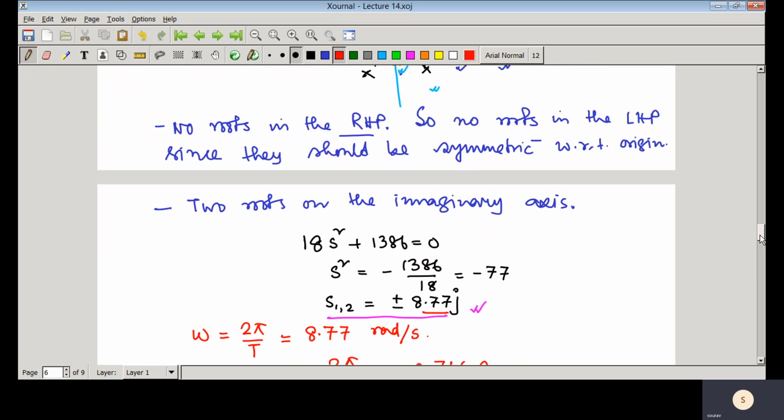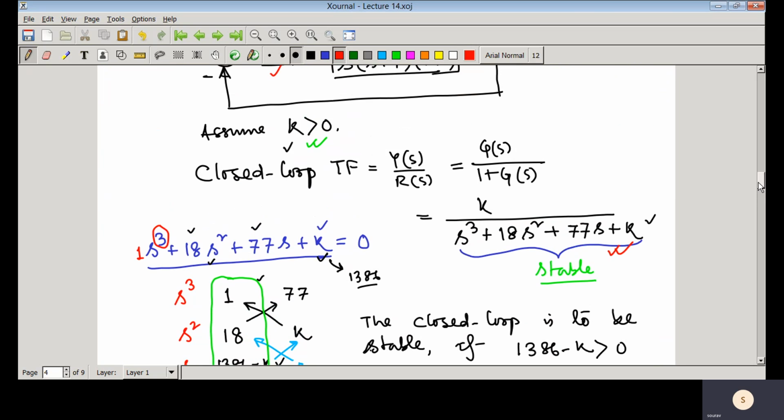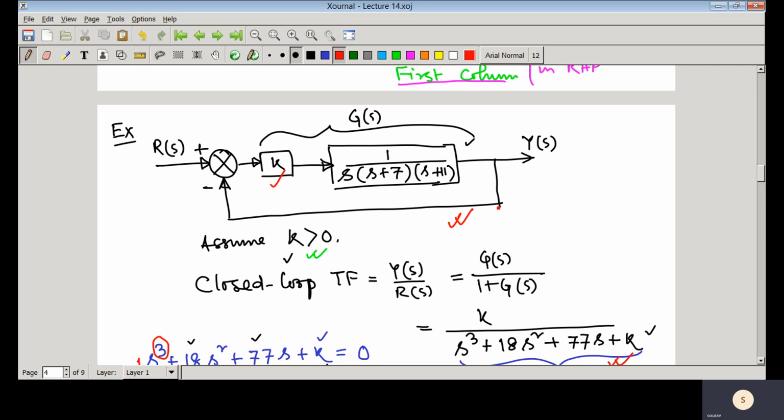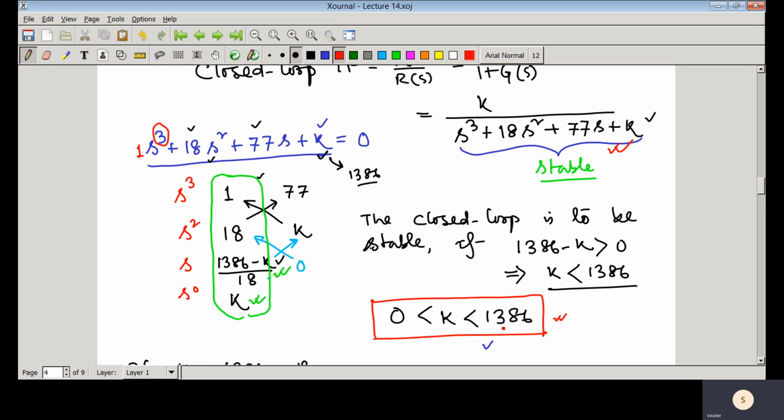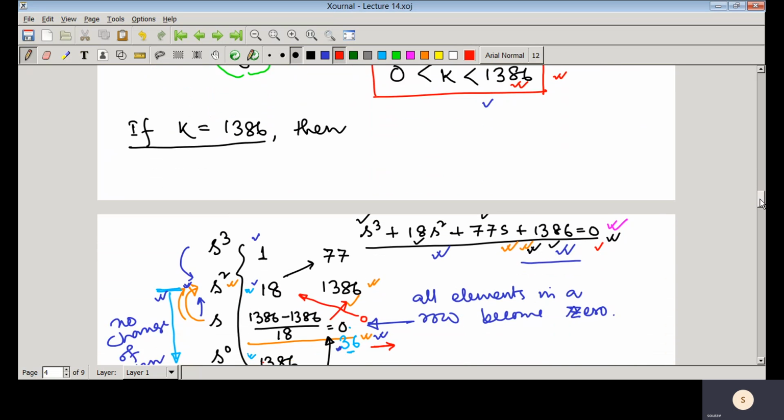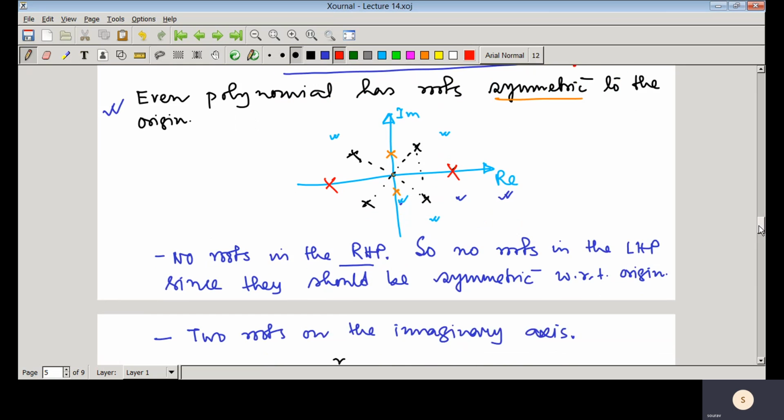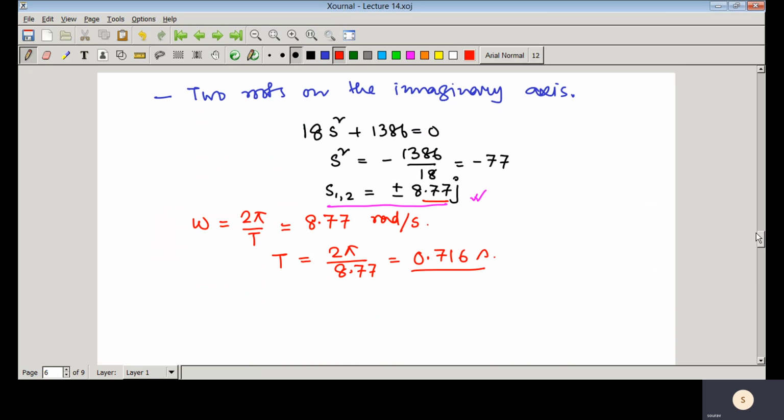So that means if we go to this particular closed loop system, and in place of K, if we put that 1386, that means if we put K equal to 1386, then we find that that system would be purely oscillatory, and for that oscillation you can see that the angular frequency that you would have is 8.77, and the time period would be 0.716 second.